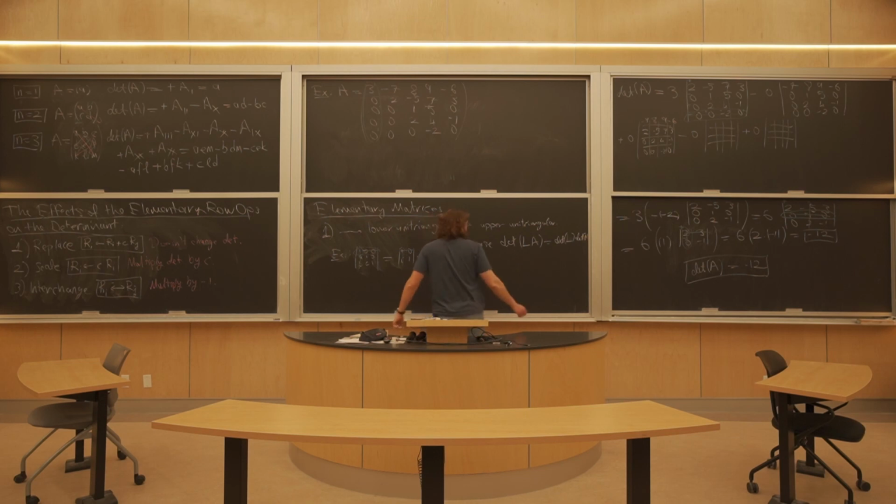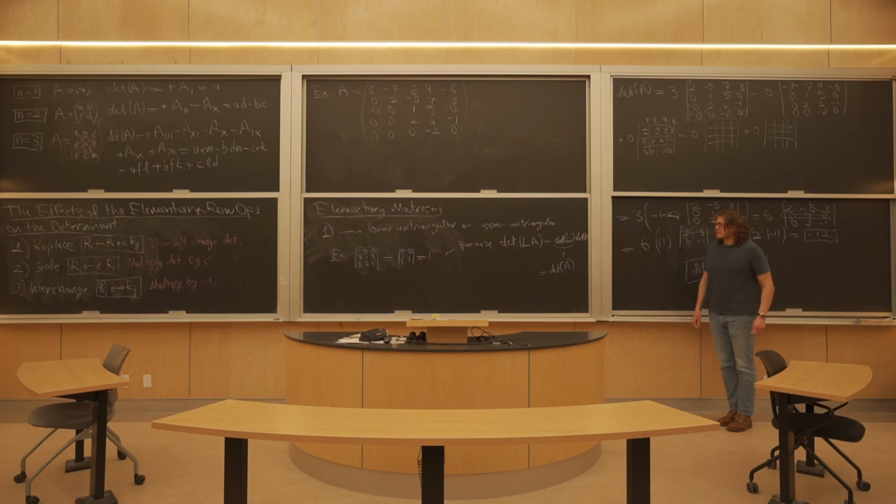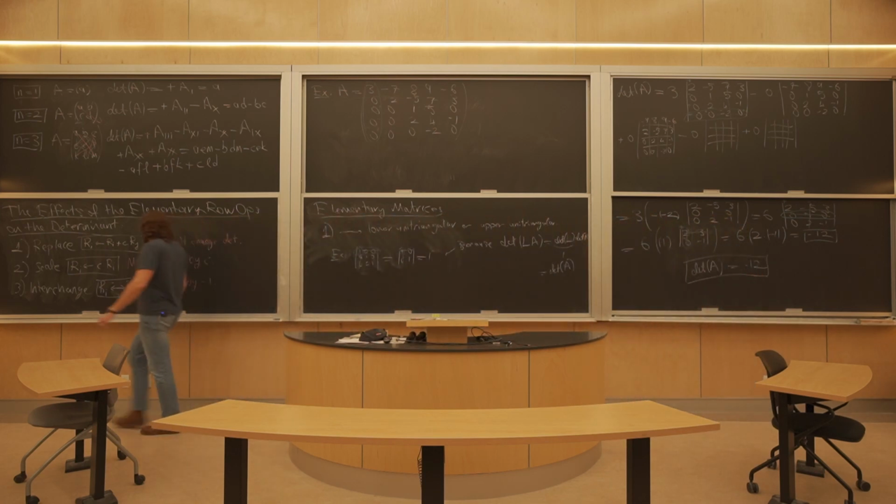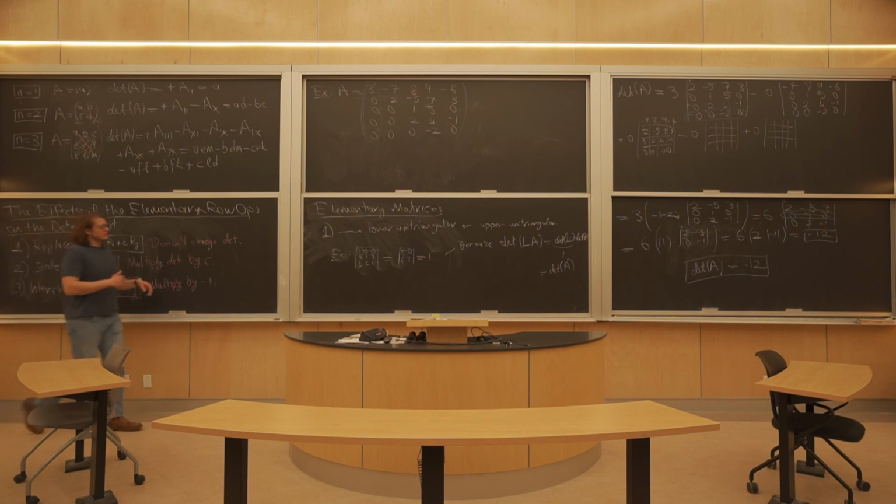It's a lower unipotent matrix. And we just computed here that the determinant of L is 1, which means that this determinant is going to be the same thing as the determinant of A. Okay? A matrix that corresponds to an operation of the second type is going to be a diagonal matrix that is invertible.